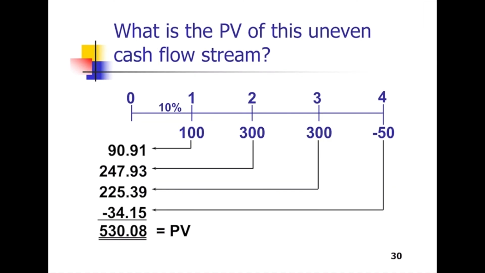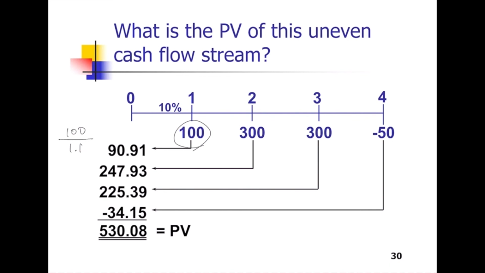This slide shows how to calculate the present value when you have uneven cash flow. Yeah, it is simple to calculate separately. The cash flow at T1, 100, you can calculate as 100 over 1 plus the interest rate, right? Just discount one time.